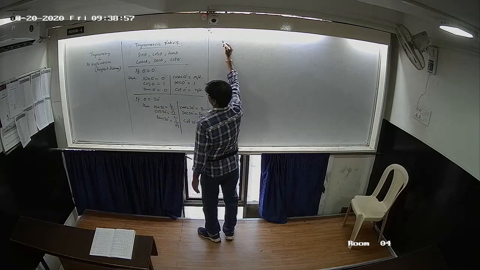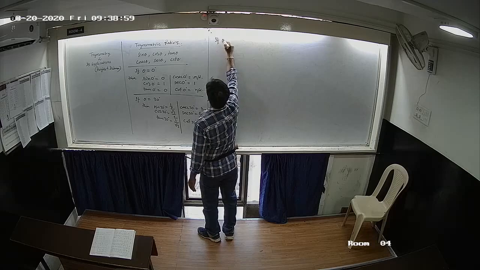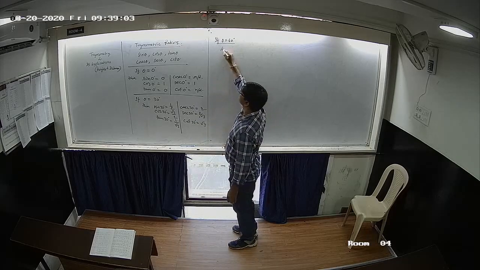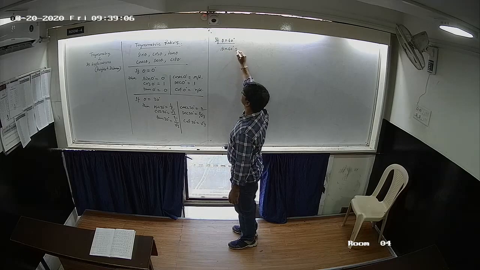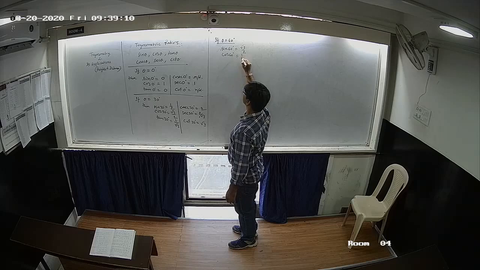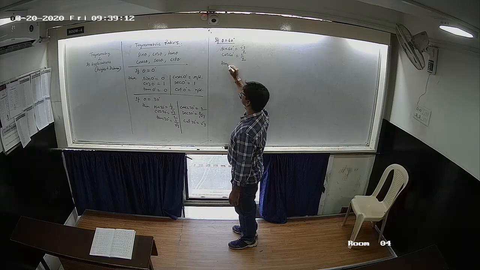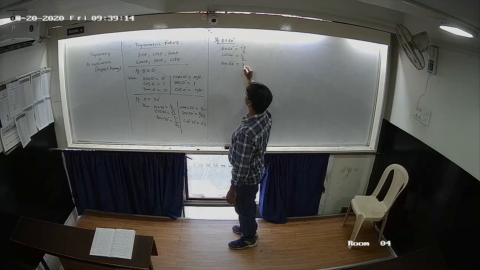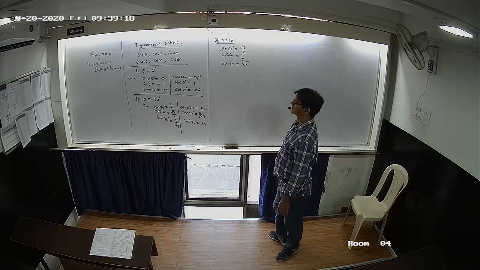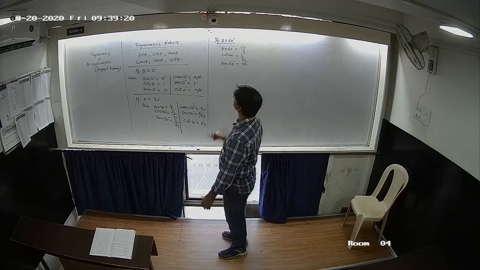Same way, you will have if theta equal to 60 degree. In this case, sin 60 degree will be equal to root 3 by 2, cos 60 degree is equal to 1 by 2, and tan 60 degree is equal to root 3. And similarly, you can go for its reciprocals.